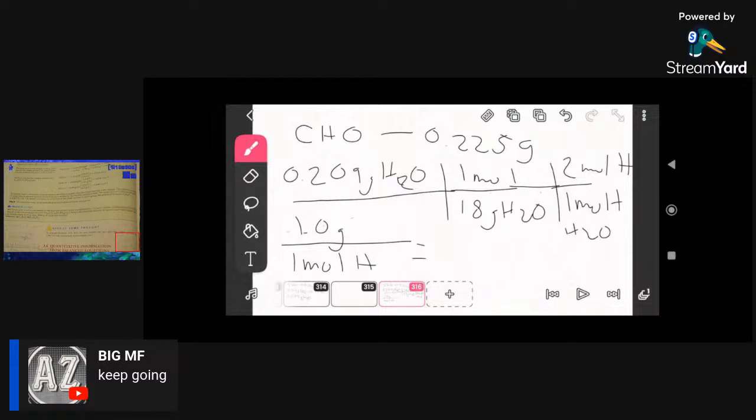All right, see that? And what that's going to equal is 0.209 times 2 divided by 18, which is going to equal 0.02322 grams.